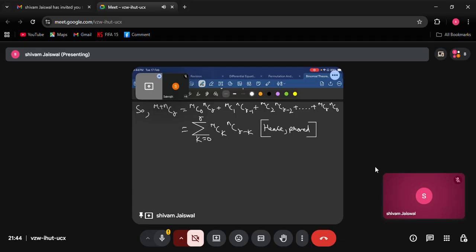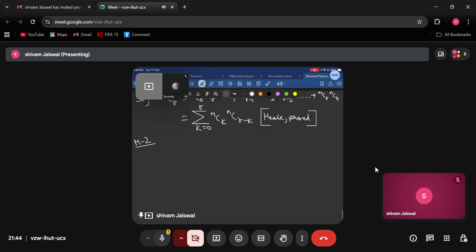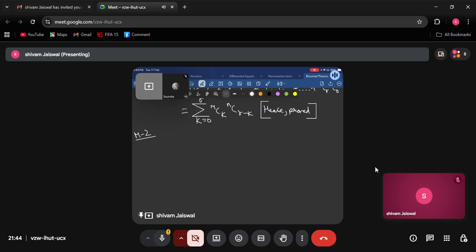Method 2 using binomial. So x plus 1 whole to the power m, I'm going to multiply with 1 plus x whole to the power n. Similar type of proof. x plus 1 whole to the power m will be equal to mC0 x to the power m plus mC1 into x to the power m minus 1 plus dot dot dot plus mCm.